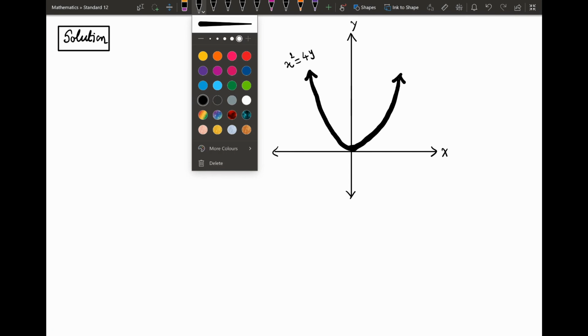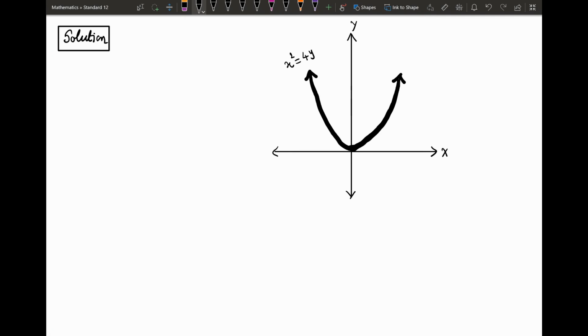Now first we have to solve these two equations. x square equals 4y, say equation number 1, and the equation of the line x equals 4y minus 2, say equation number 2.